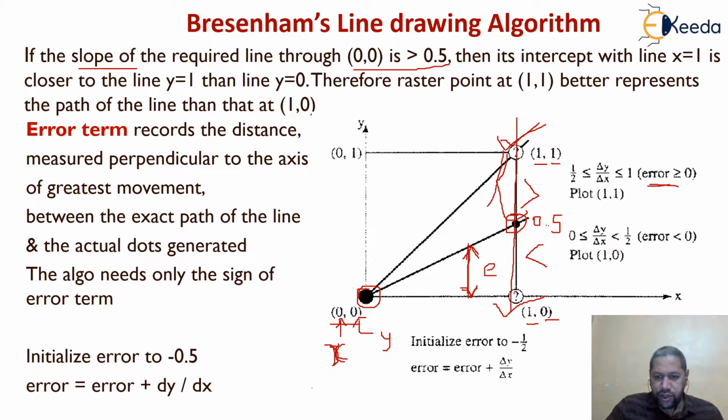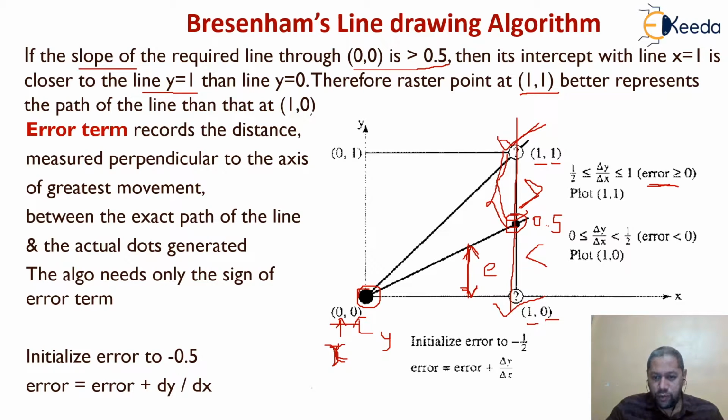Then it intercepts the line x equal to 1 closer to the line y equal to 1 than the line y equal to 0. Therefore, raster point 1 comma 1 better represents the path of the line than that of 1 comma 0.